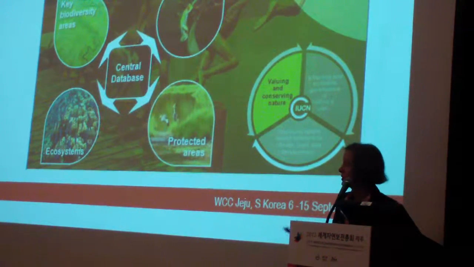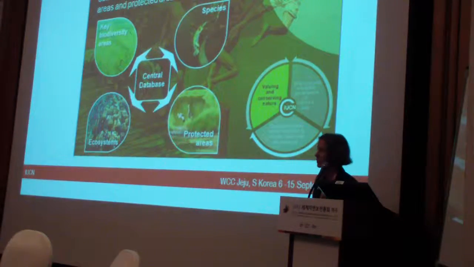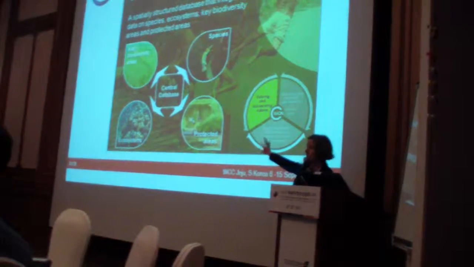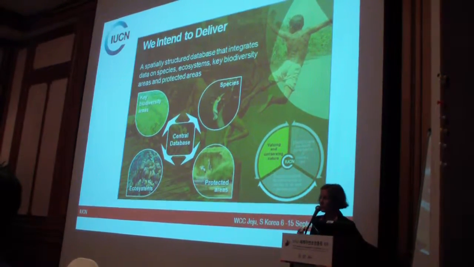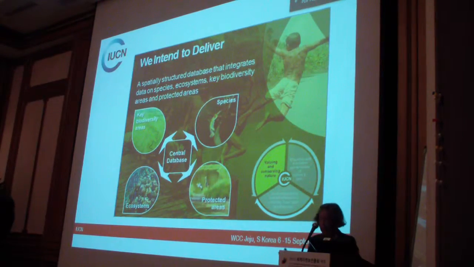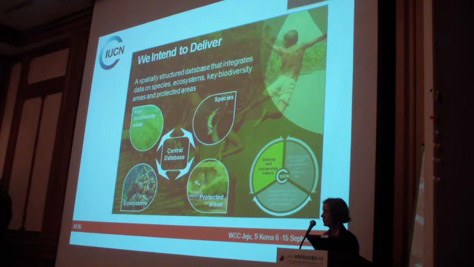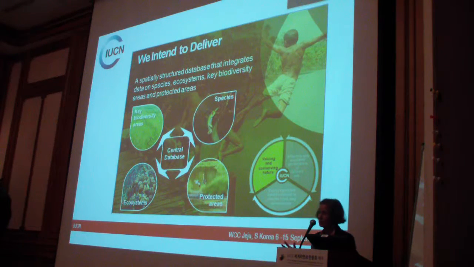For those of you who've seen the presentations on the draft IUCN program, you've seen these kinds of slides. And this is one I'm going to be showing in a few days' time. We intend to deliver these 4 knowledge products, all of which involve the collection of area-based information on biodiversity.